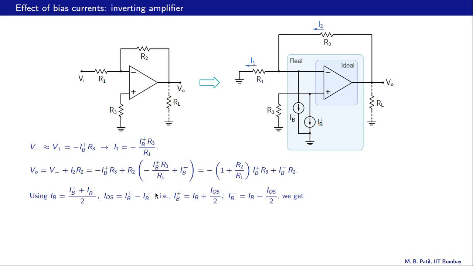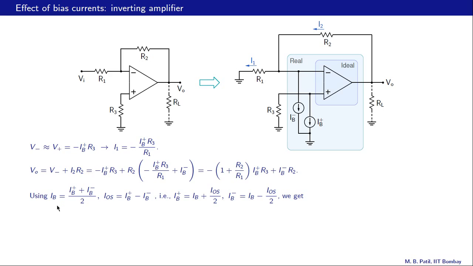Let us now rewrite this expression for VO in terms of IB, which is IB plus IB minus by 2. We have seen this definition earlier. That is the average of these two currents. And IOS, which is the offset bias current, which is the difference between IB plus and IB minus.